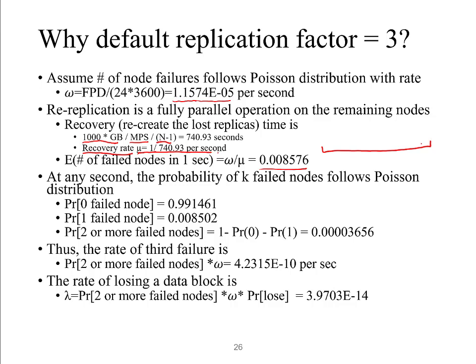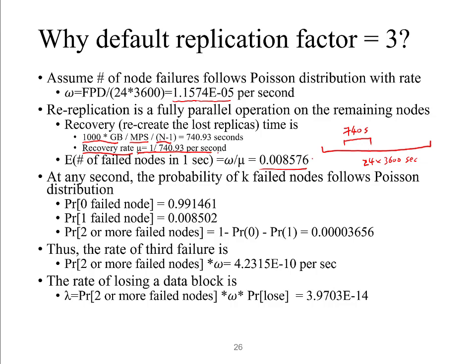Let's say this interval is 1 day, which means 24 times 3,600 seconds. We know that there will be one failure in this day, and once the failure happens, we need to recover it. The recovery time is 740 seconds.